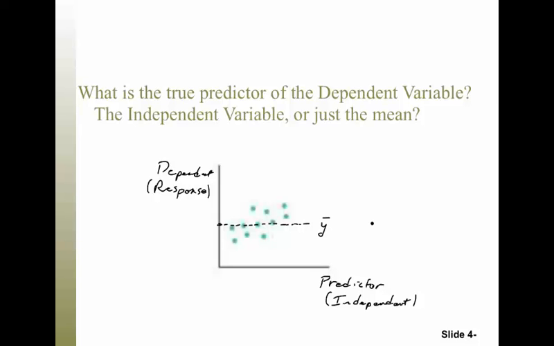Is y bar the best predictor of what a data value will be, or what an outcome will be of this? Or is this other variable a predictor of what y bar will be? So then that's not a cut and dried question, right? So that's on a scale as well, as we've seen all semester.